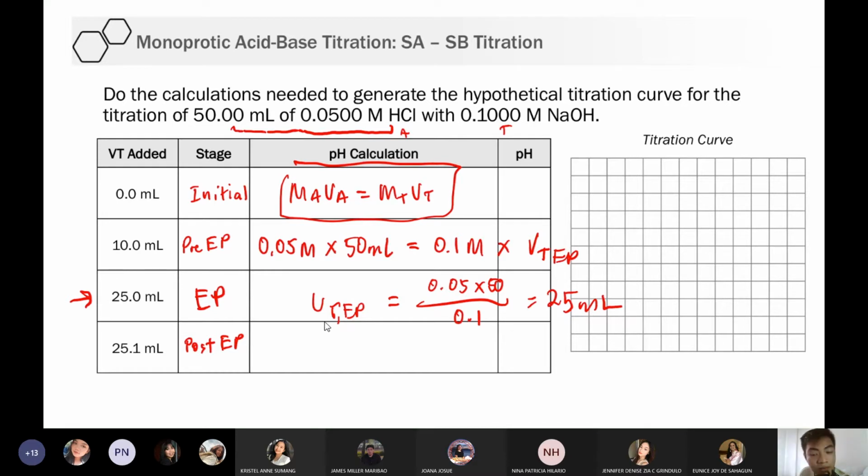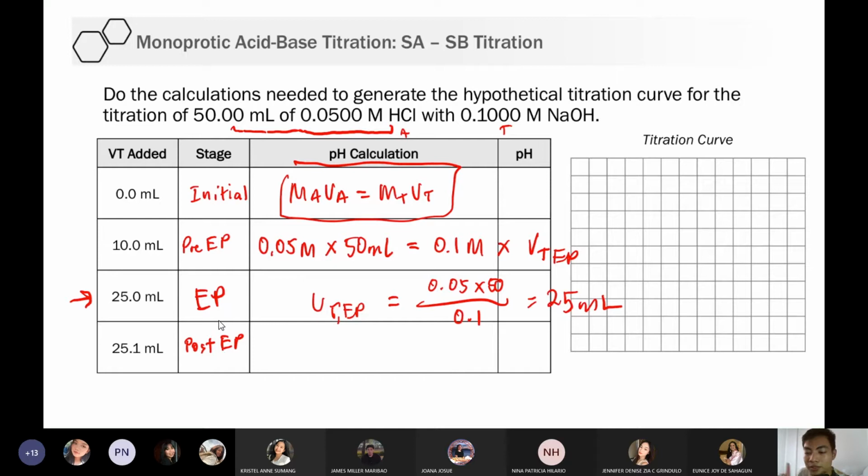You will get the volume of titrant at equivalence point equal to 25. Once alam mo na to, mag-assign ka na kung anong stage yung ibang volume. Pag 0, edi syempre initial yan. Pag 10 ml o less than 25 yan, so ibig sabihin, pre-equivalence point yan. Then ito, 25.1, lagpas na siya sa 25. Ibig sabihin, post-equivalence point na yan.